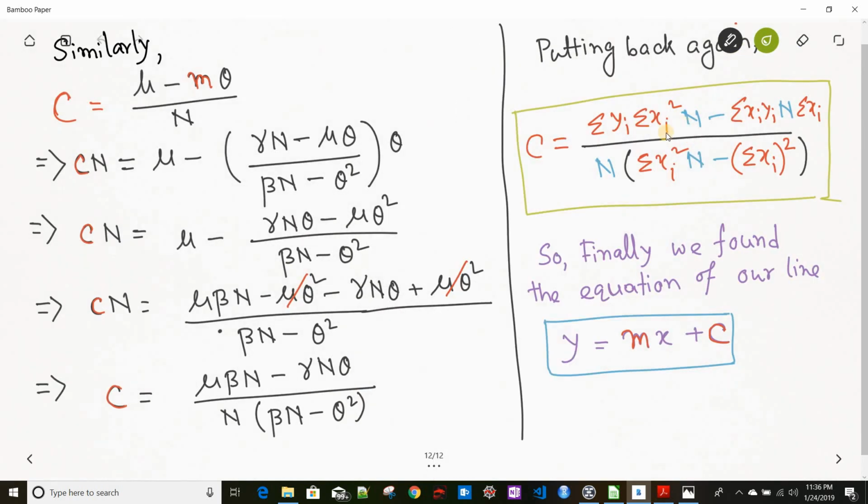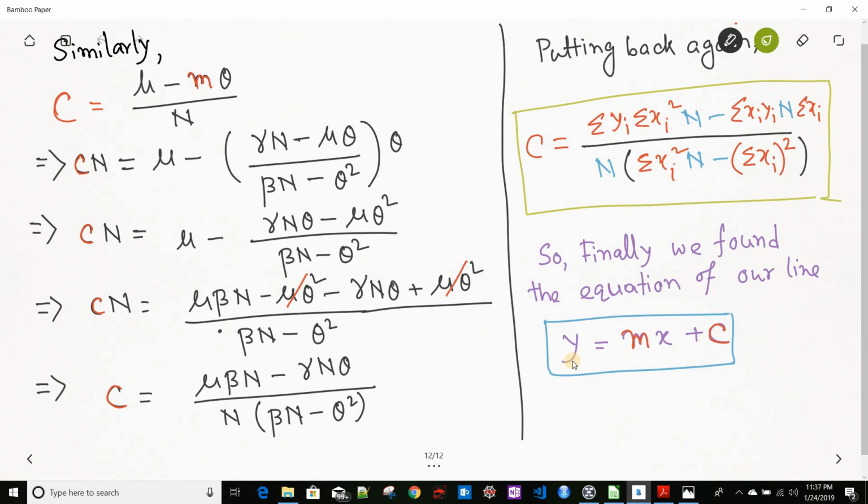We can further simplify these equations, but let's stop here and talk about the fundamental stuff. We got an equation of a line which has the minimum error, correct? This line will be our model. So now if I input any x value, it should predict.